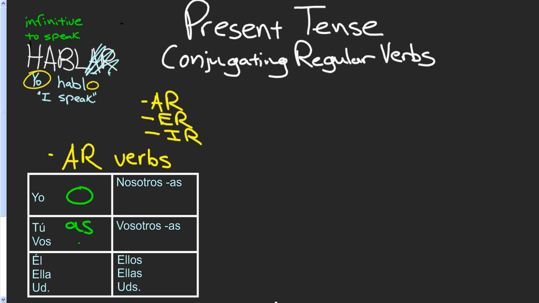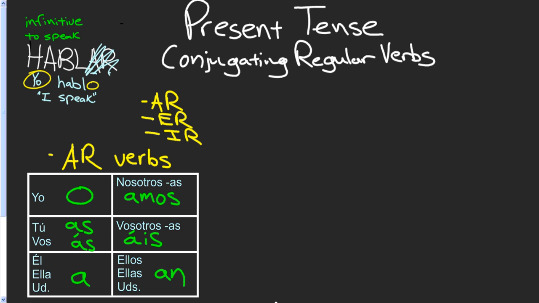So we already know the yo ending is o. Tú, as, or for the vos form that's used in Costa Rica, ás, with an accent. Él, usted, a. Nosotros, amos. Vosotros, áis. Ellos, ustedes, an.